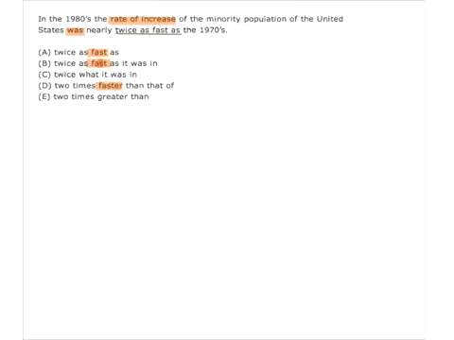So that's a redundancy error. It's incorrect to say the rate is faster. It's incorrect to say that a rate is fast. You either have to say the rate was greater or twice as much, or just say that the population increased faster. So since you can't get rid of the word rate, you have to get rid of fast.